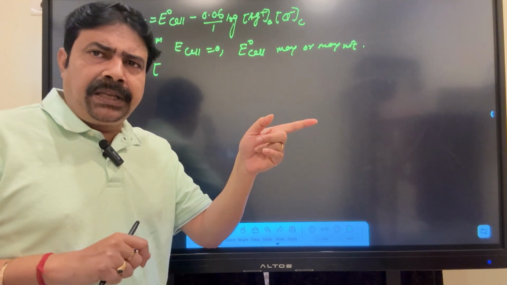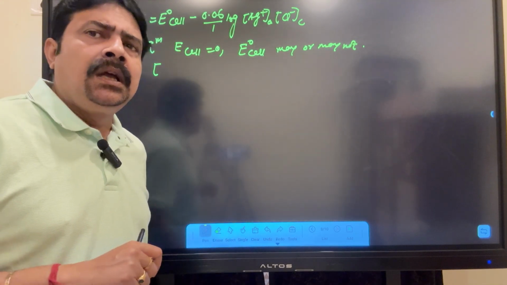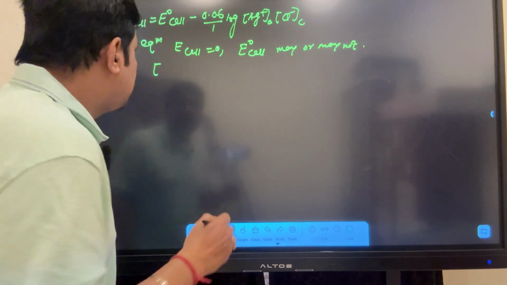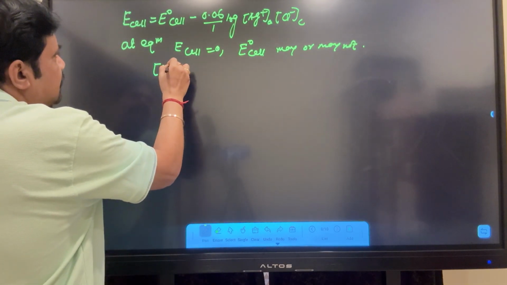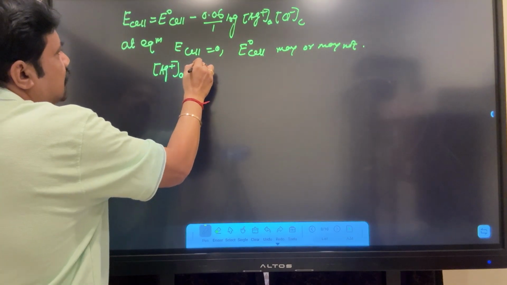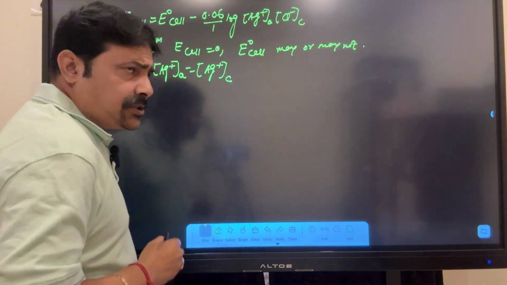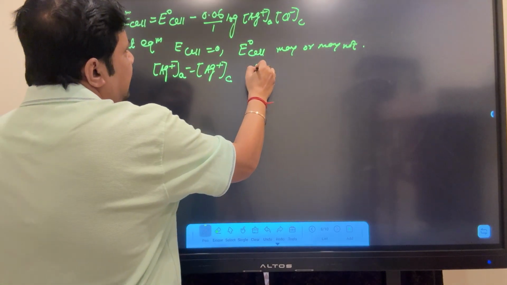So at equilibrium, the silver ion concentration at the anode and at the cathode will be equal. We can write that the silver ion concentration at the anode equals the silver ion concentration at the cathode, then only the reaction will stop, with no concentration gradient, at equilibrium.